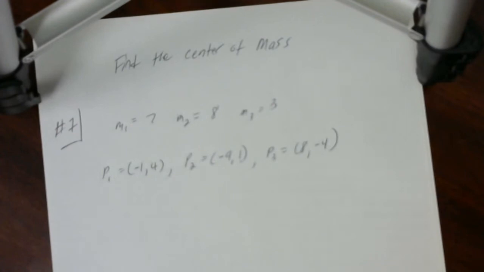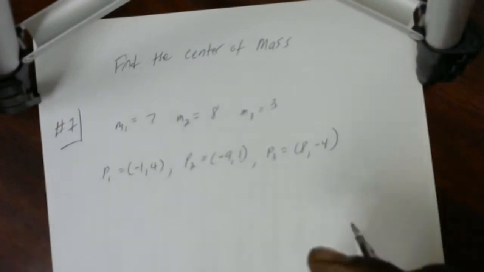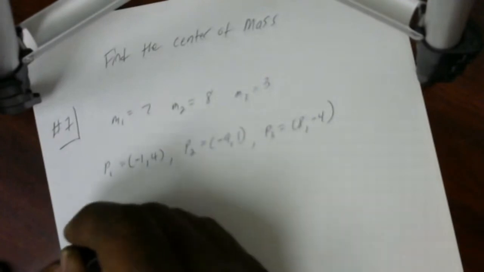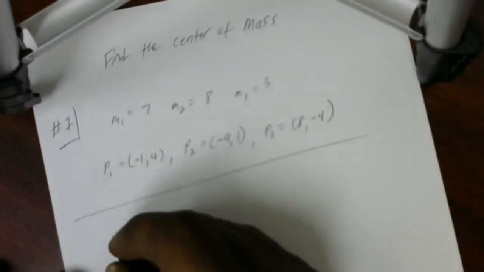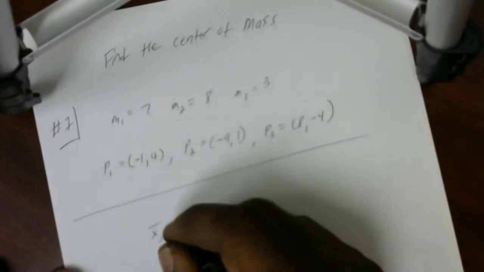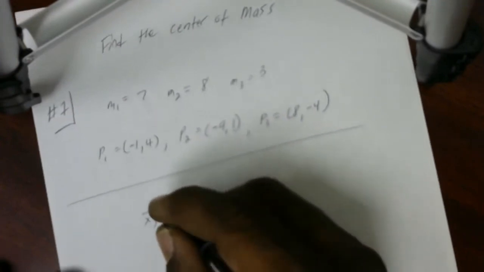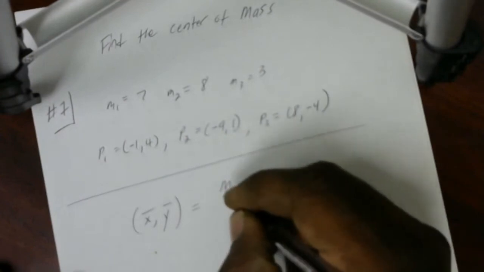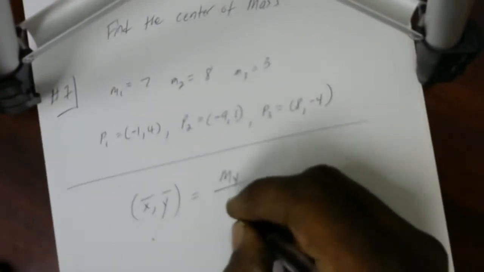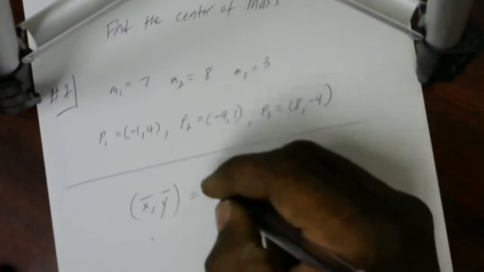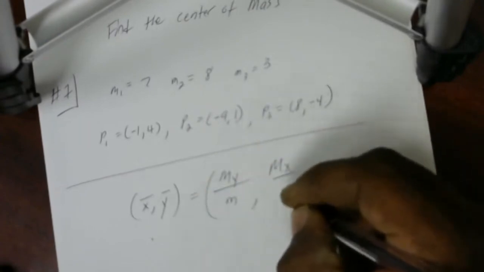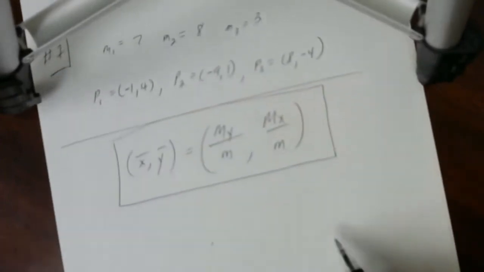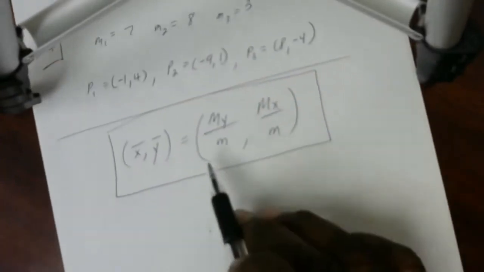Here are the formulas. x bar, y bar is equal to the moment about y divided by the mass, comma, the moment about x divided by the mass. So what are these quantities?